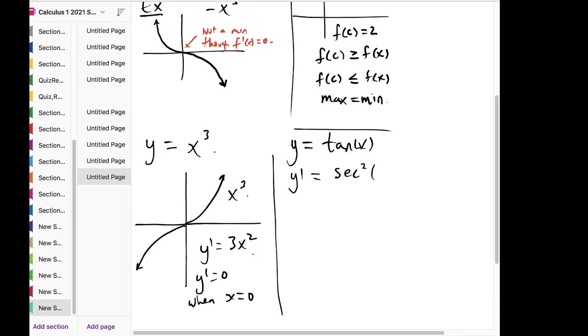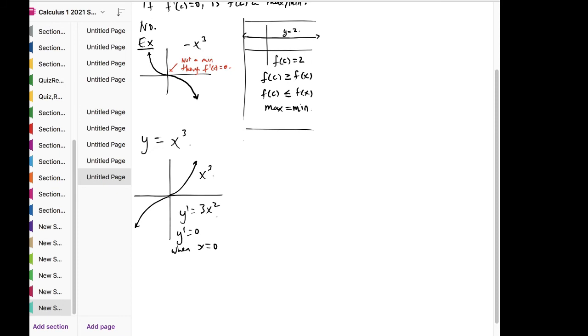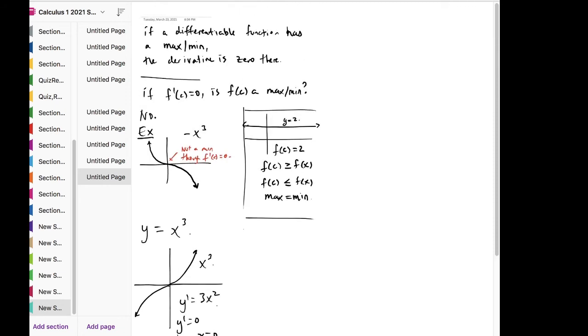No, the derivative is not even 0 here. Never mind. Yeah, okay, so no tangent. But yeah, x cubed is probably the easiest one to think about, right? It's a function that is always increasing. And we'll talk about when a function is always increasing, how you can tell. But yeah, the derivative is 0 at 0, though it's not a maximum or a minimum. Okay, good.